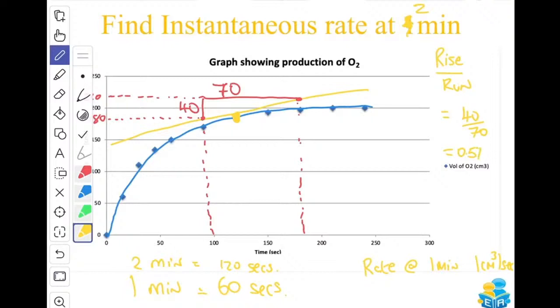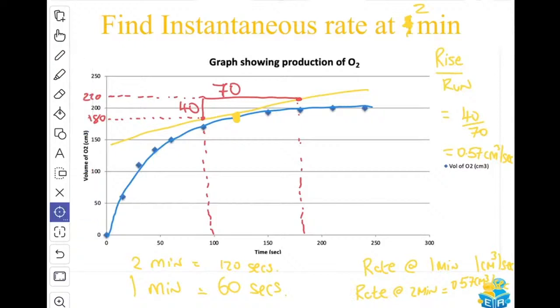So you can see that at the 2 minute mark, we are producing 0.57 centimetres cubed per second. And this should make sense because the slope of my tangent at 1 minute, which was here, is greater than the slope of this tangent at 2 minutes. So that's calculating your instantaneous rate using the steps outlined.